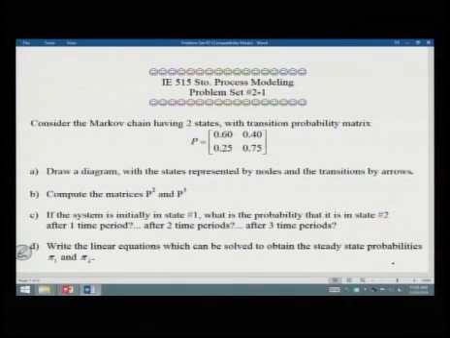I'm going to post all of these problem sets on our class Canvas website later today. And do you need a solution for this? It's very easy to do. It's just a 2 by 2 matrix, and you just need to draw a transition diagram and compute the P squared and P cubed matrices.